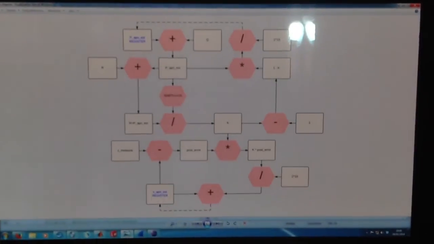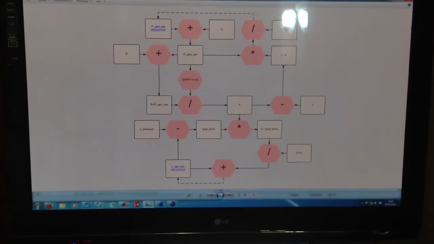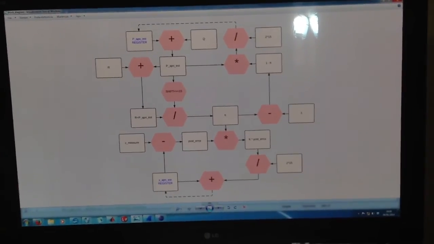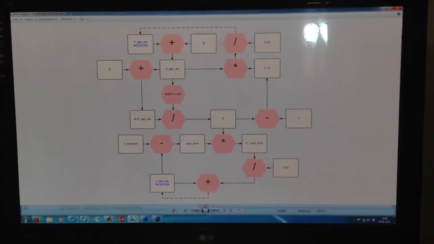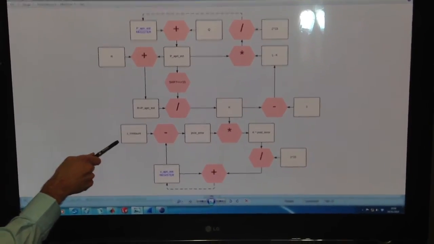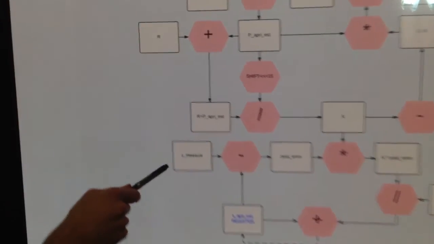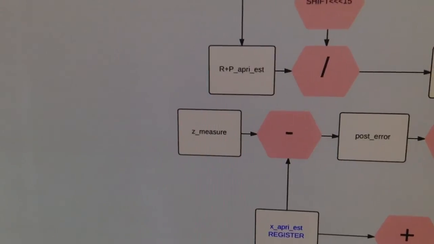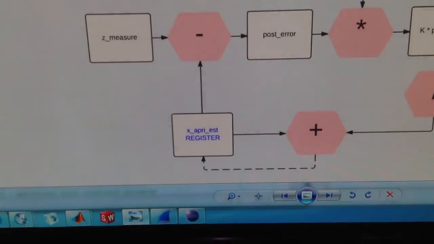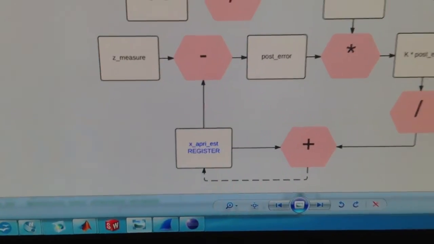Let's take a look at the Kalman ALU implementation. These are the arithmetic operations implemented on the Kalman ALU. Here we can see the input register of the sample, and here the two output registers, one for the covariance and the other for the estimate of the measure.